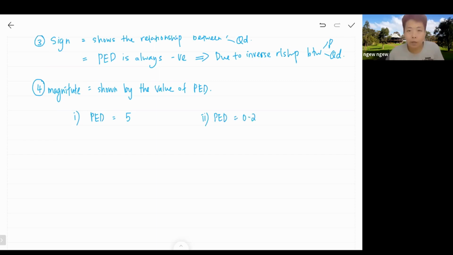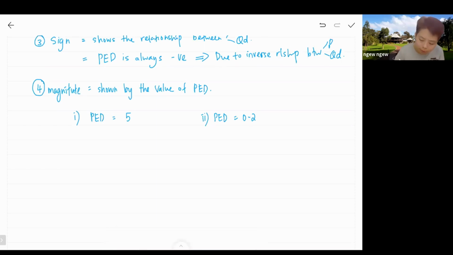Now, this value will show you the magnitude of consumers' response, how sensitive consumers are, or whether they are not very sensitive. As you can see, while I write the magnitude here, I can just ignore the negative sign because it's understood. When you want to look at the magnitude, go back to the formula first.